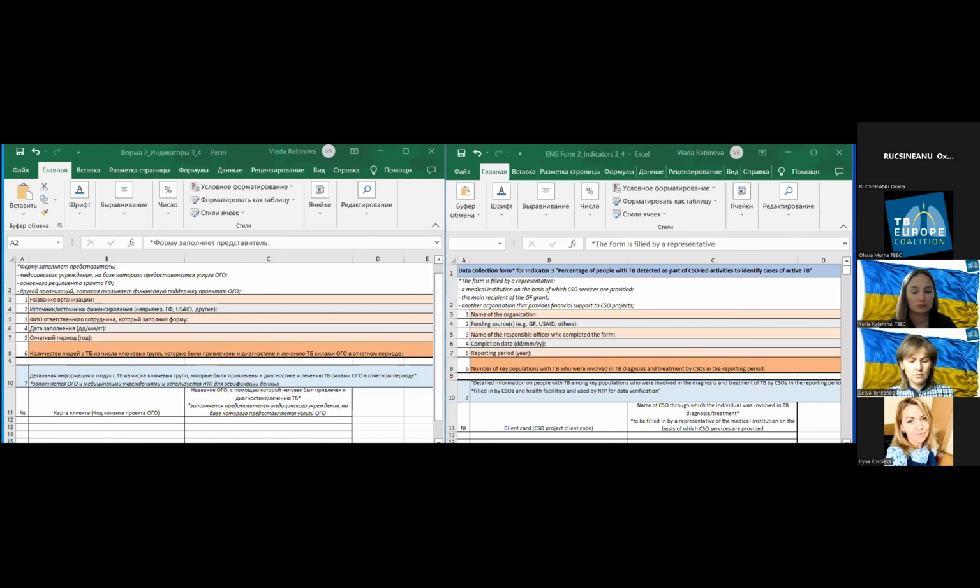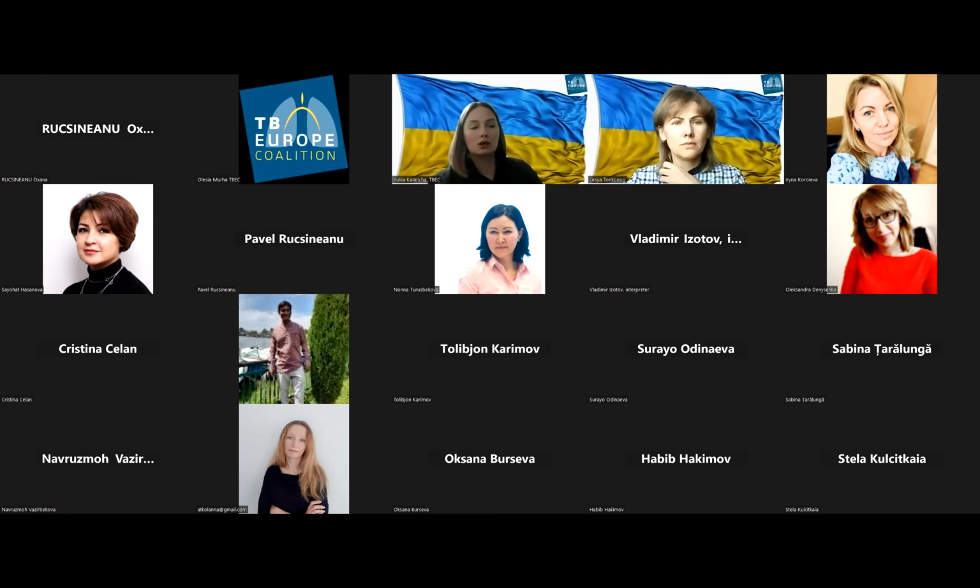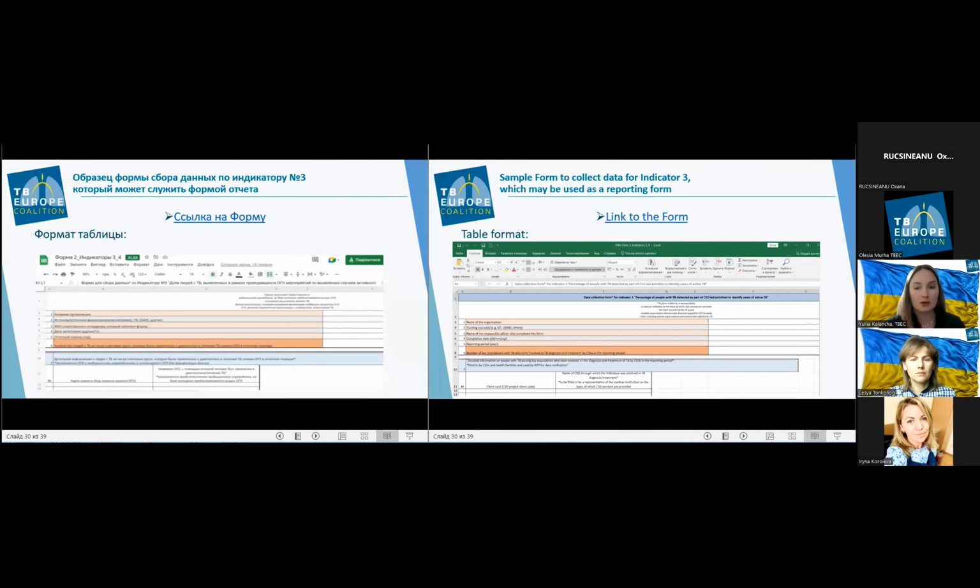So we see that different organizations and programs use different approaches to calculate the indicators and percentage. So dear colleagues and Oksana, this is what we were talking about. In principle, this plan for the regional approach can become a key basis for advocacy in your countries.